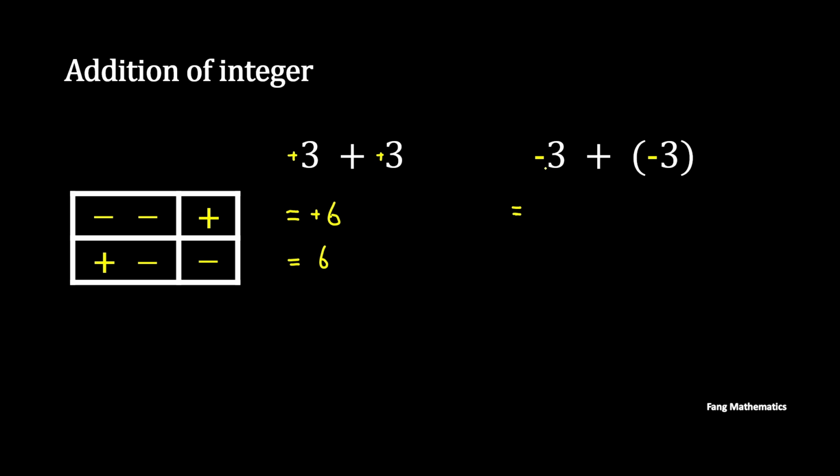And you see that there is a minus sign attached to your 3 now. You have minus 3 plus minus 3. When you see the minus sign attached to a number, you should think of it in a form of debt. So the first minus 3 tells you you owe someone $3, and plus tells you again you are to borrow money from him, and you borrowed another $3 from him.